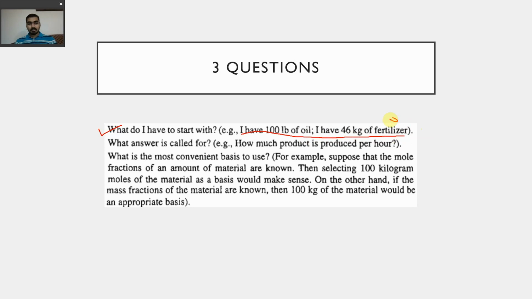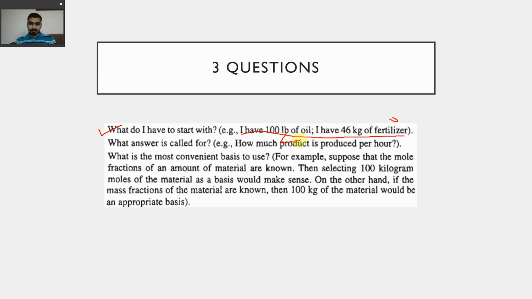If you are given these two sentences in one question, which should be your appropriate basis? Basis is something predefined by us, or given to us in a question. Taking it as a base, we are going to solve a problem. That is known as basis. So you should know how to start it.